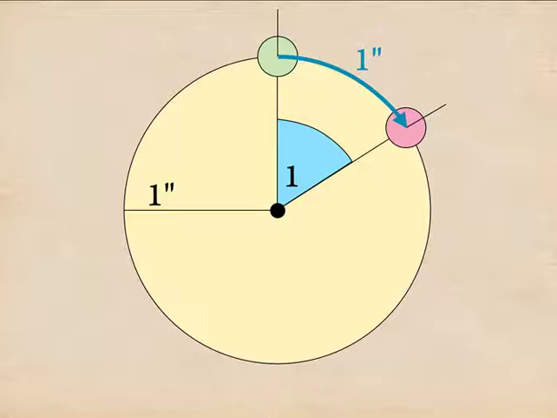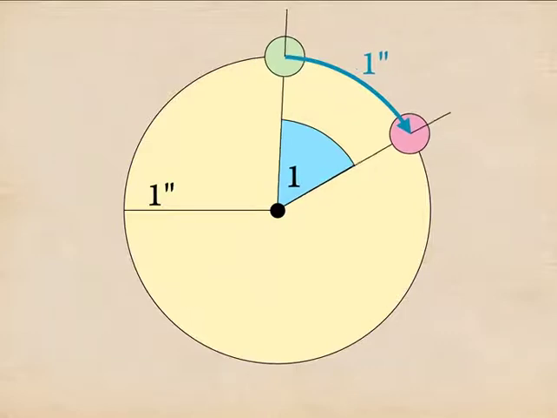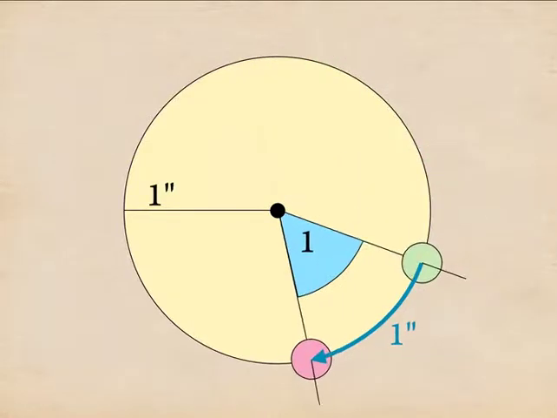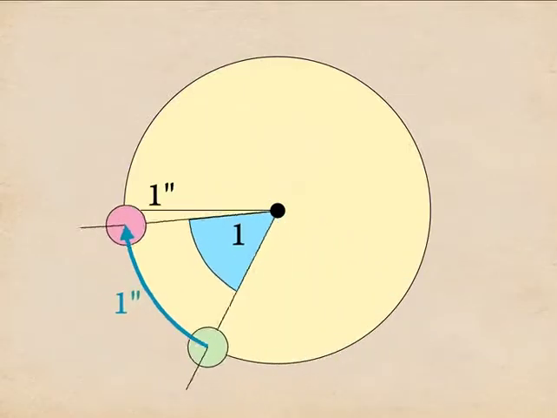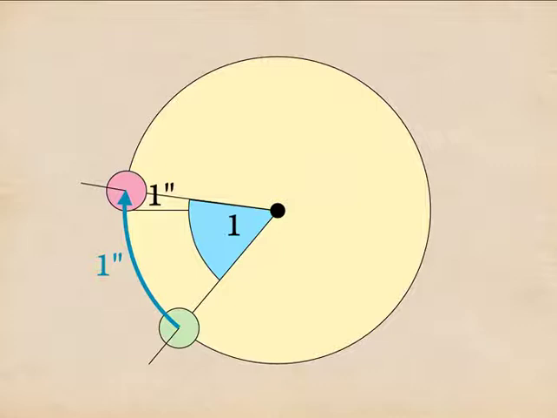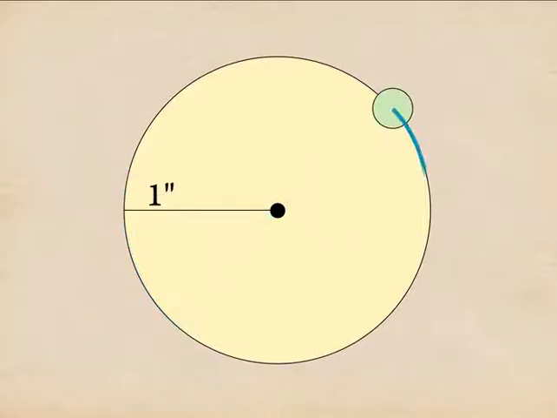So if I start at the green dot and I walk clockwise 1 inch, I end up at the red dot. Because I've walked 1 inch, we say the angle is 1 radian. I can measure this angle starting anywhere. We just start at the green dot, walk for 1 inch, and end at the red dot. Because we've walked 1 inch, we have an angle of 1 radian. Suppose I start somewhere else, and I walk 2 inches to my end point.